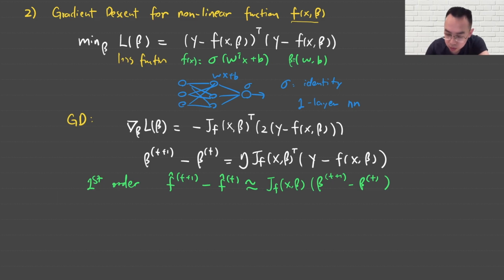Okay, now we can multiply both sides by the Jacobian. That's going to give us f hat t plus 1 minus f hat t, which is approximately eta times Jf.